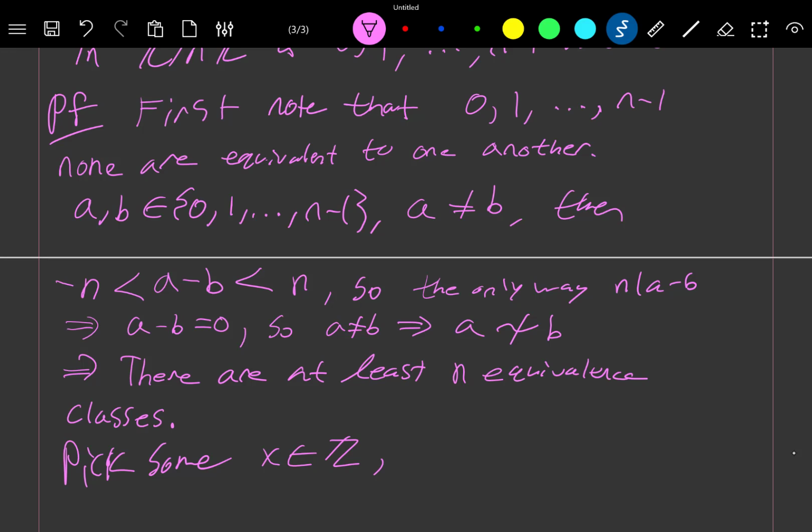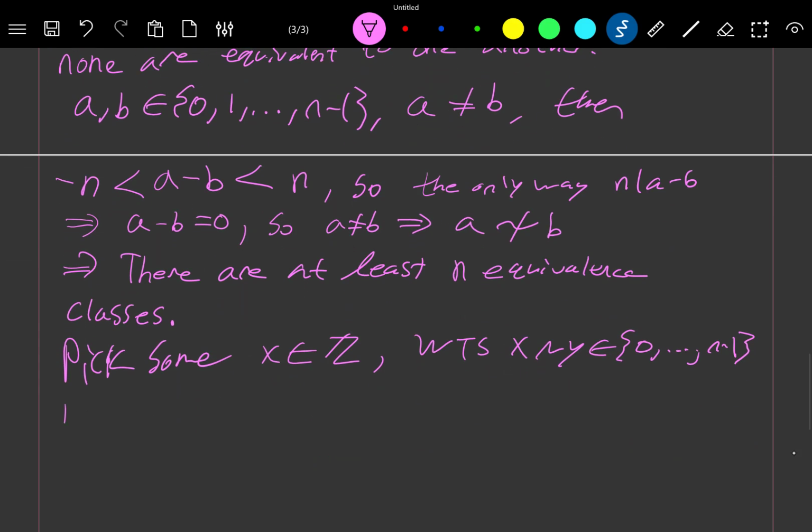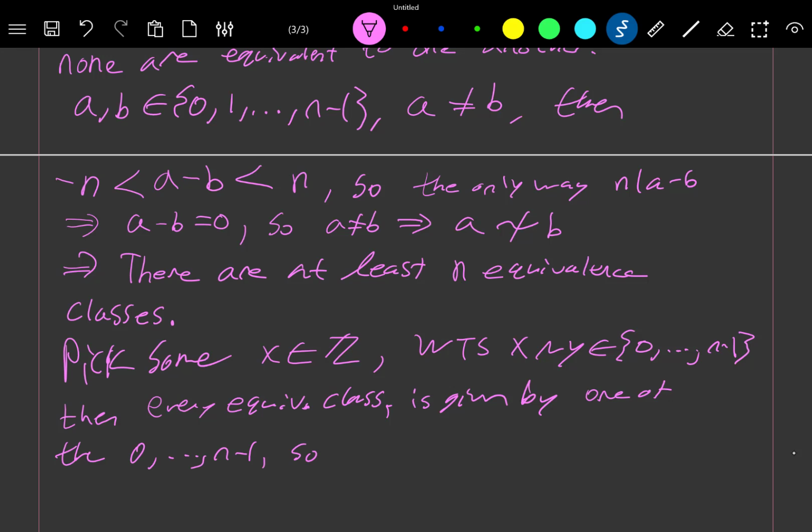If I can show x is equivalent to some y that's in the set 0 to n minus 1, then every equivalence class is given by one of the 0 to n minus 1, so they will also be a system of representatives.